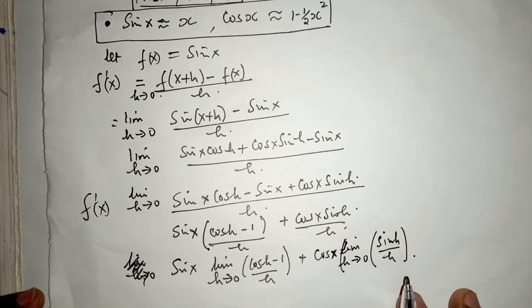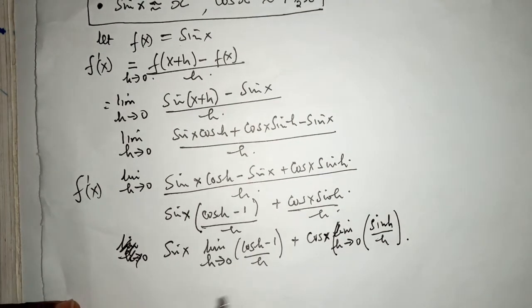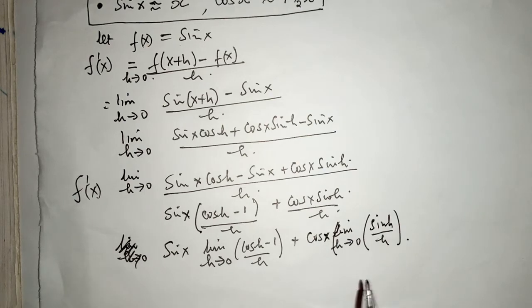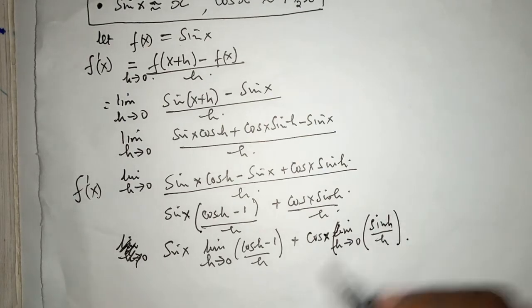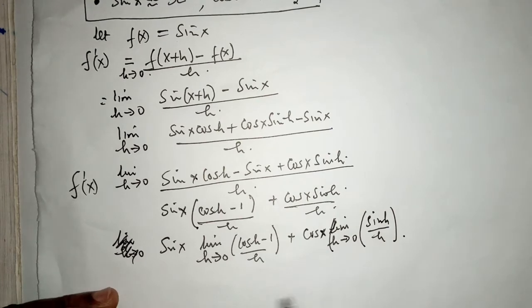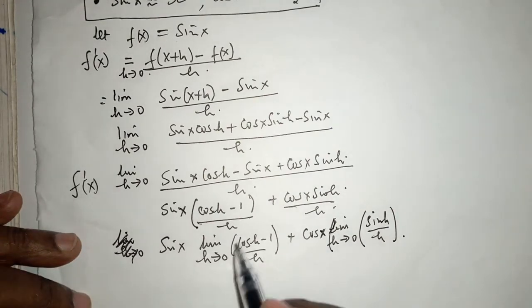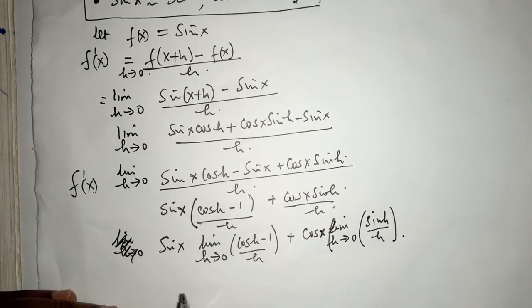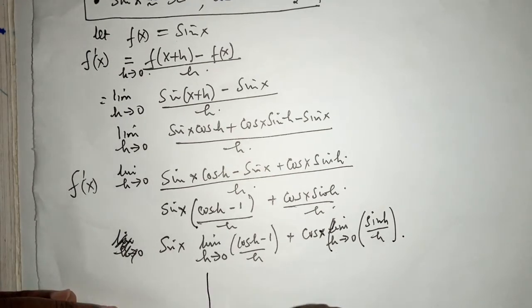Having reached there, we have to talk about these limits as h approaches 0. We know that the cosine graph is simply something like this.